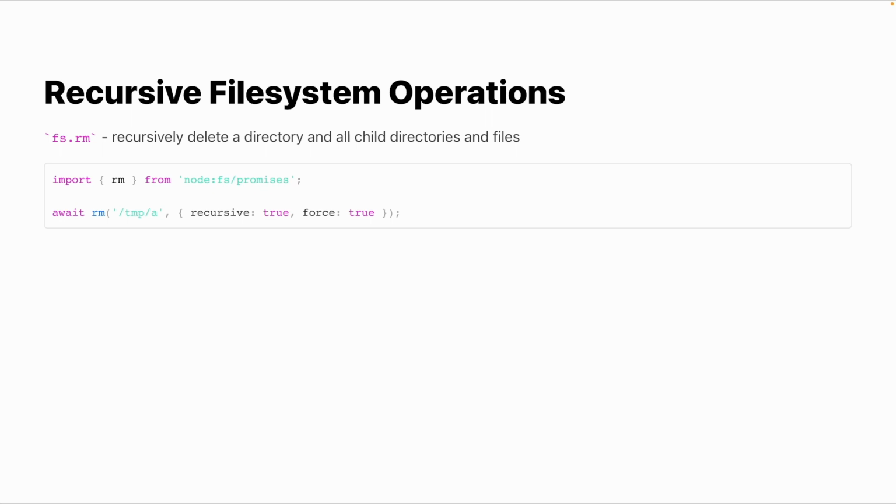If you recall from our previous example, that had some other subdirectories inside of it. In the second argument, we're passing the options recursive true and force true. This is very similar to the rm -rf shell command. And this will delete the directory a along with everything else inside of it.